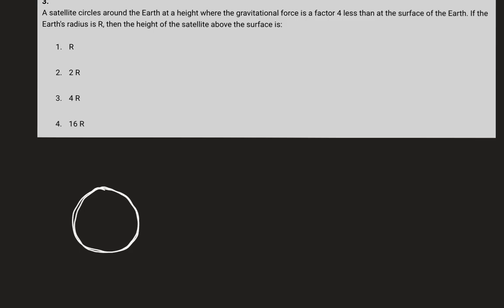And of my planet Earth, I know that from the center to somewhere here, that's my r, my Earth's radius. Right. I also know that somewhere here, orbiting the planet is a satellite. So let's say the satellite is over there. Okay. I also know that there's two differences in terms of force.